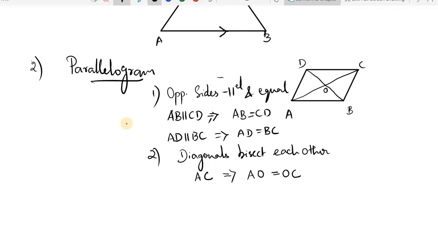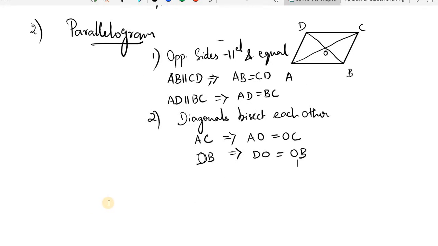Similarly, DB is also bisected by AC, and so when I look at DB, I can see that DO is equal to OB. Okay, and these are the key things that you need to keep in mind.